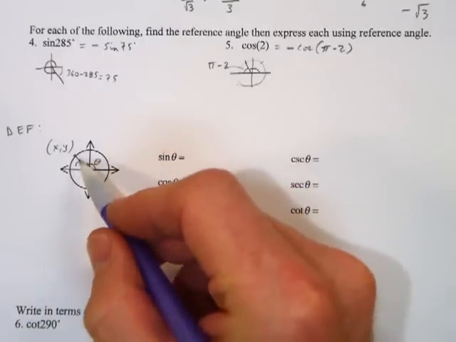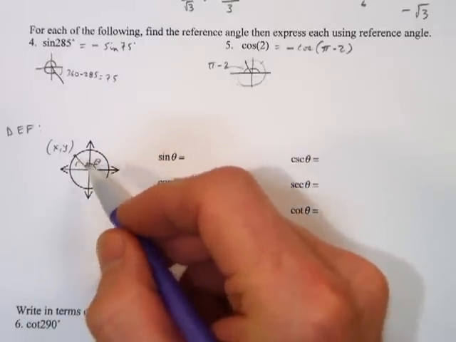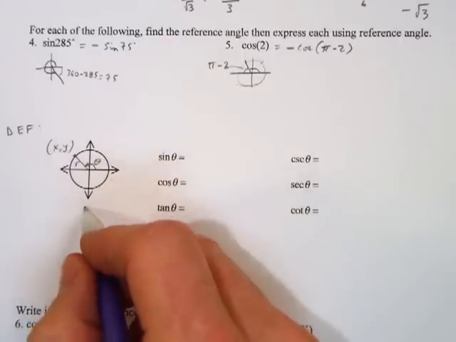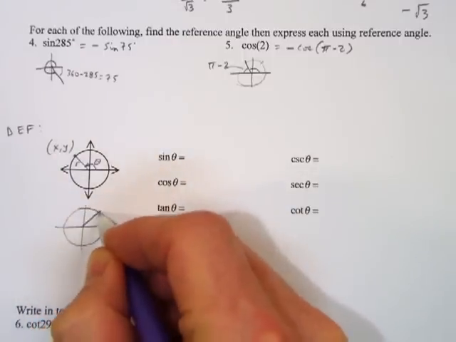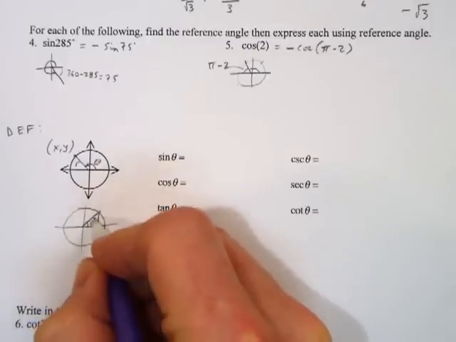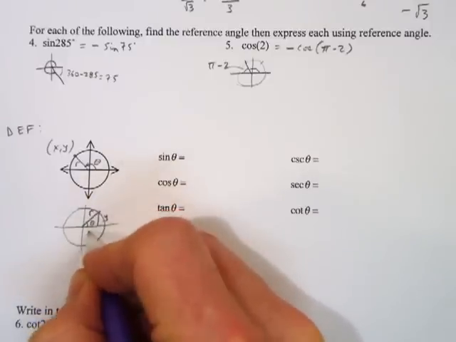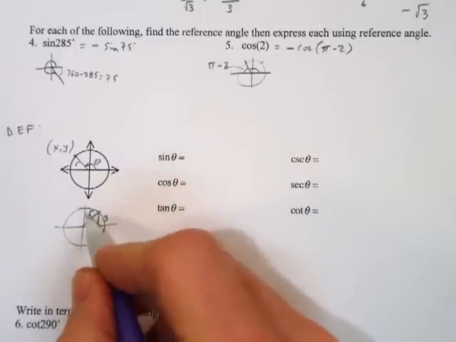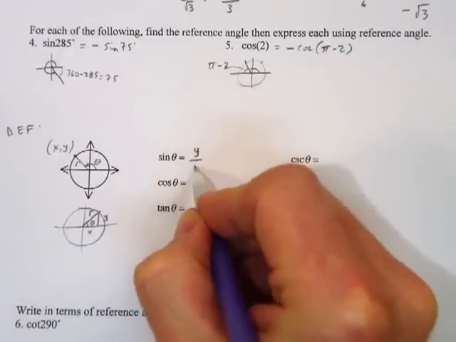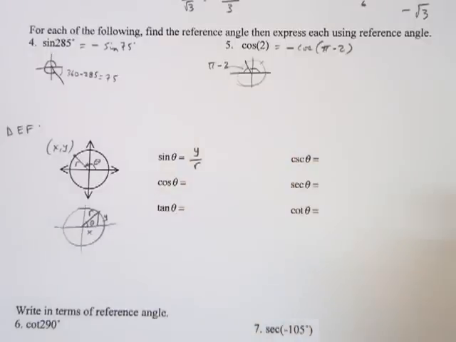And when we have a radius that's not 1, a simple way to see it, and I'll draw this, although it applies always, if it was in the first quadrant, and this is theta and r, and there's y and x, we could say sine is opposite over hypotenuse, and that's what it is always.